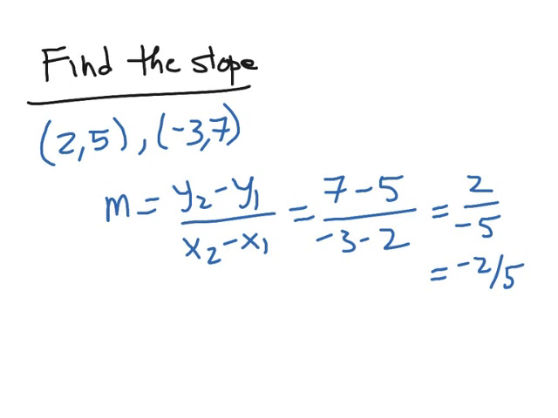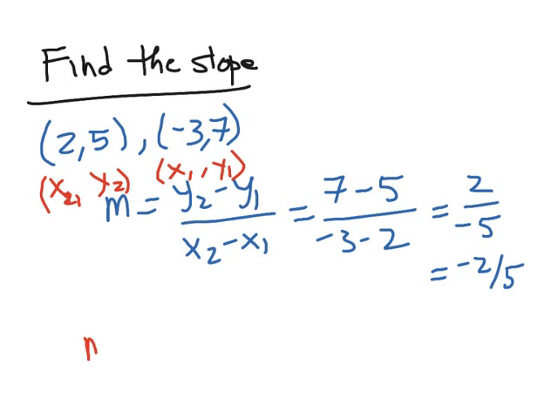Now, just for fun, I'm going to switch them. So let's say I called this one x2, y2, and I called this one x1, y1. I just want to show you that it really doesn't matter which one is x1 and which one is x2 as long as you're consistent.